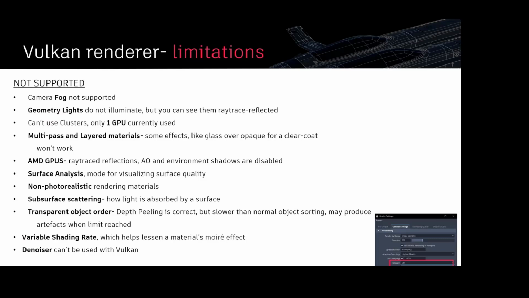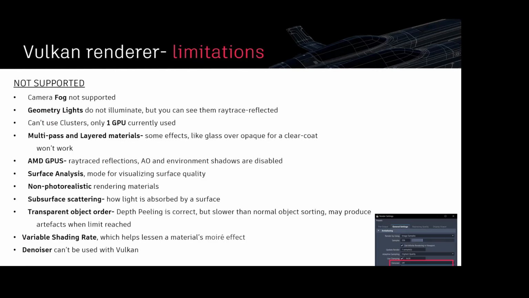There's a limit to the clusters, and the multipass and layered materials, or anything where you're looking at opaque reflective materials with a transparent reflective material in front of it, you're going to have some limitations with that one light bounce. There are some stipulations for your hardware, GPUs, your graphics cards, that will not work with the AMD. It might disable your environment shadows if that's what you have.